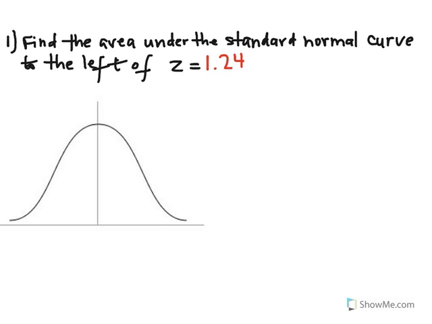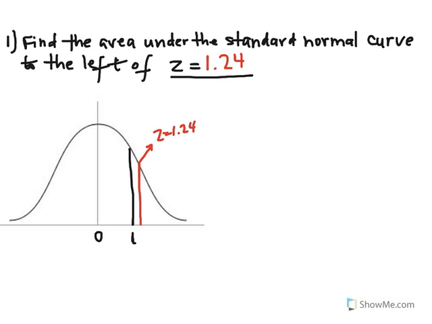We know that the mean of a standard z variable is 0 and the standard deviation is 1. So since the z-score is 1.24, this would probably fall just above the 1z. So this is going to be z equals 1.24.